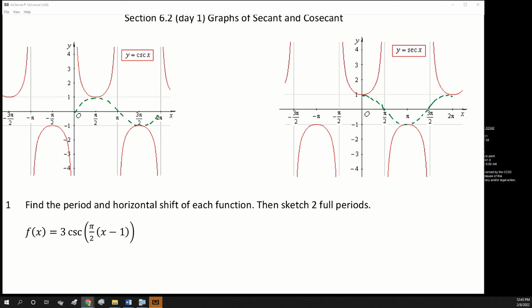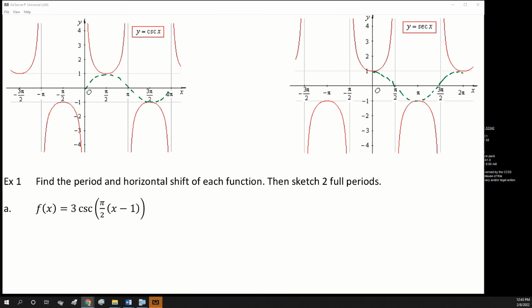All right, so we're going to go straight into a couple graphs. But before we do the graphs, we're going to find the period and the horizontal shift. That is nothing different than what we have been doing with sine and cosine.